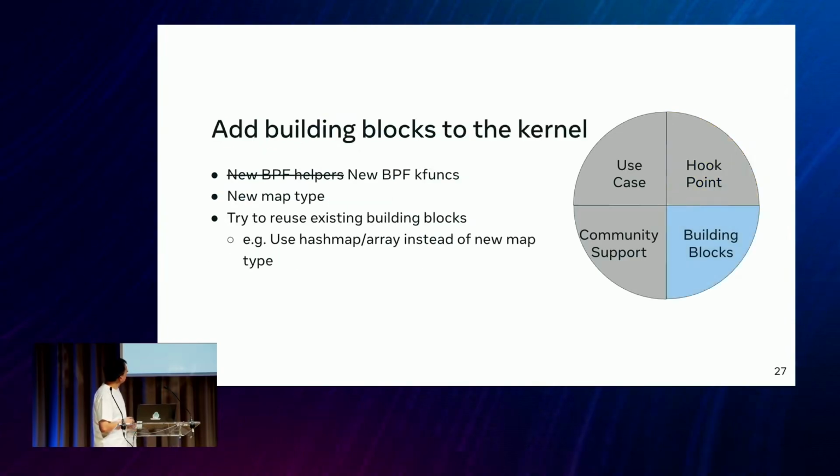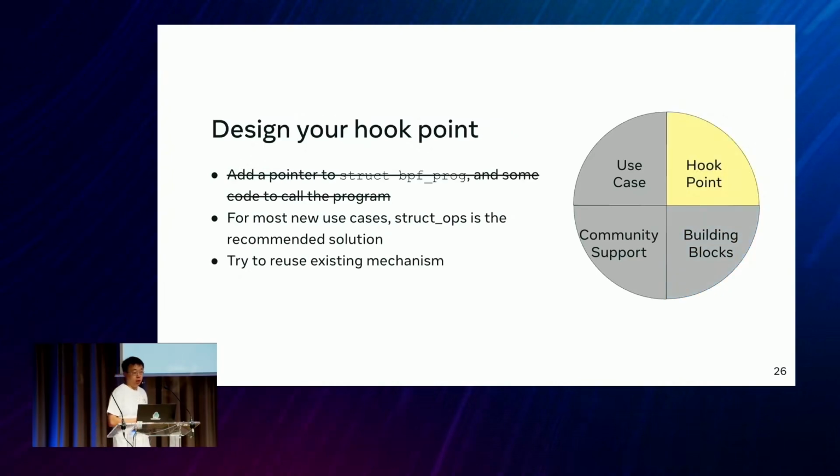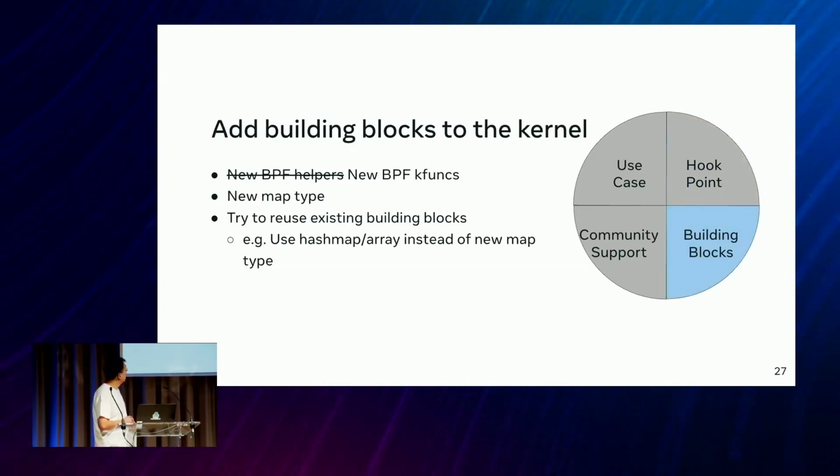Now the building blocks. The old way to add helpers is the BPF helper, but we are not doing that anymore because that is UAPI and that permanent support promise we cannot hold forever. Instead, we use BPF kfuncs. I think it's like a BPF helper, but it's not guaranteed to last forever.